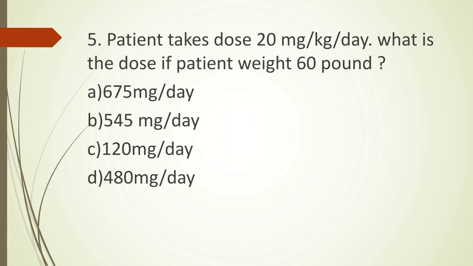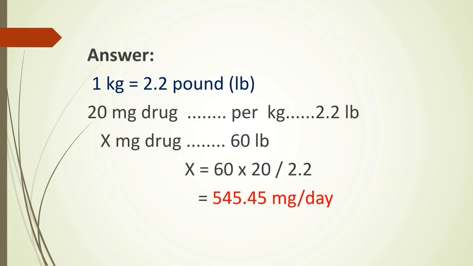The dose is first given per kilogram, but we have to find it out for 60 pounds. So we have to convert pounds and kilograms. So 1 kilogram is equal to 2.2 pounds or lb. You should remember that 1 kilogram is equal to 2.2 pounds.